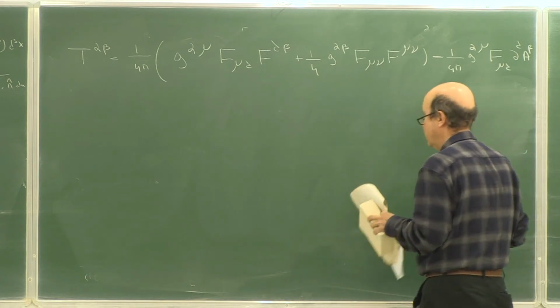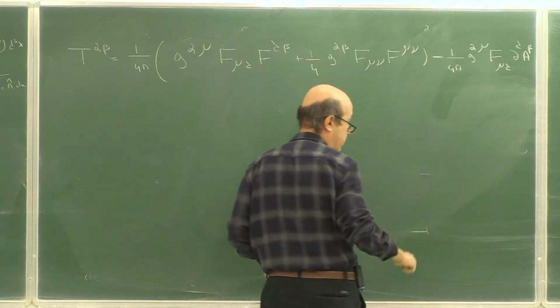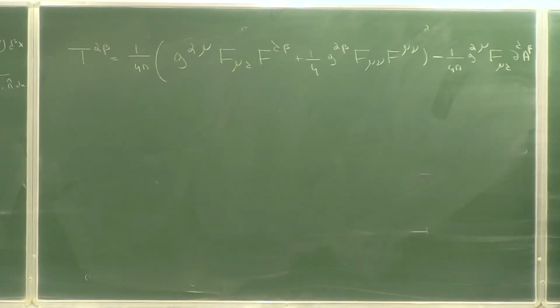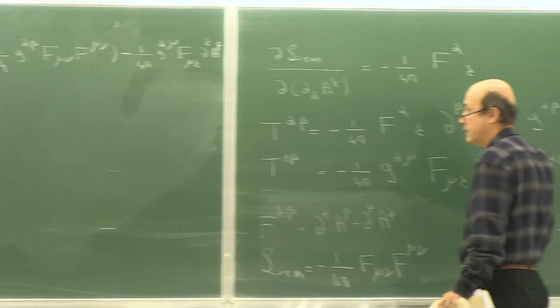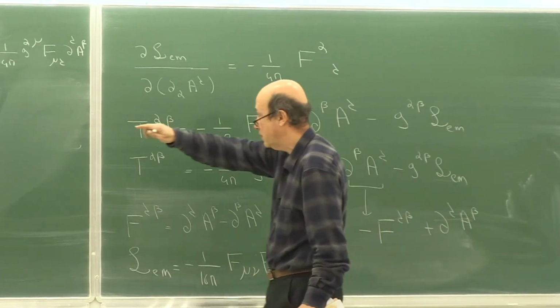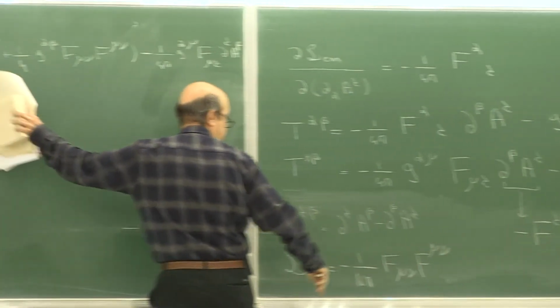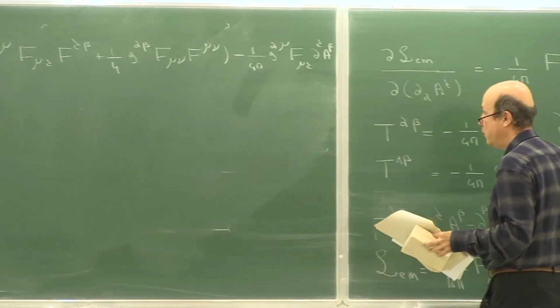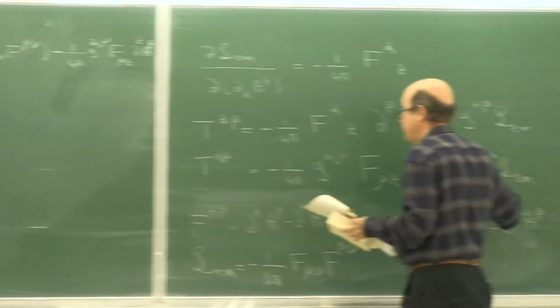So I will check what I wrote here. The first term, g_{λμ} F^{μν} F^{λβ} with the minus sign makes plus. This is the first term. And nearby we have F_{μν}, and this is coming from here.